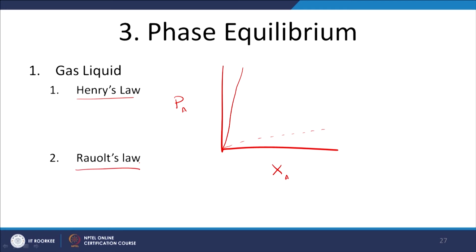The key obviously is that Henry's law is applicable for dilute systems. So what does that mean? In general, the mole fraction of that compound is going to be relatively low, as you see here. So here we see the Henry's law applicability. And in general, for non-dilute systems, we use Raoult's law, and that is what we see here. Keep this in mind.